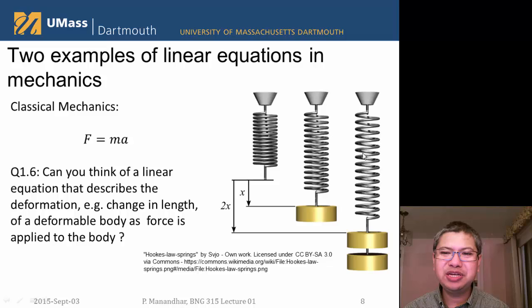So here's a spring, and when no mass is attached to the spring, it has a zero displacement, and you attach a mass, and then it stretches a little bit, you attach more mass, and it stretches more. So can you describe an equation or name the equation?